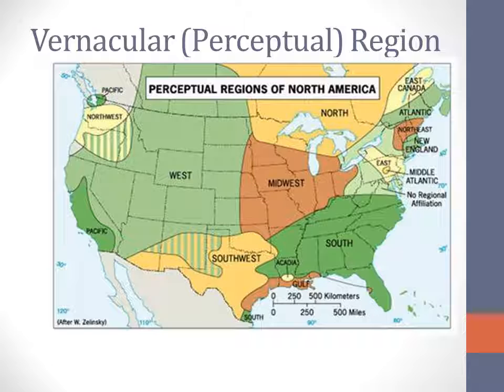A vernacular or perceptual region is defined by people's feelings and attitudes about an area. Perceptual regions emerge from people's sense of place rather than scientific or measurable models. Perceptual regions are based on an individual's mental map, which is an internal representation of a portion of Earth's surface.